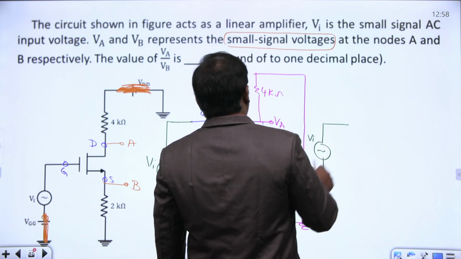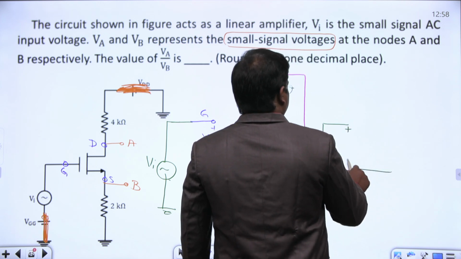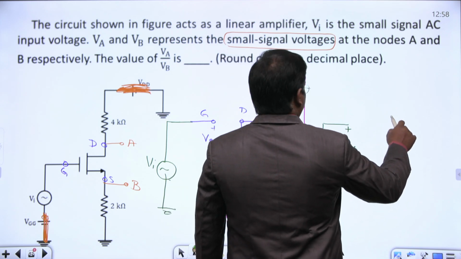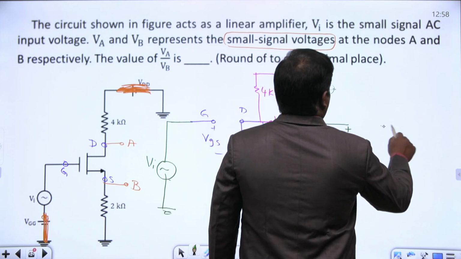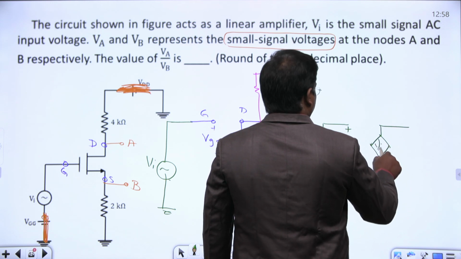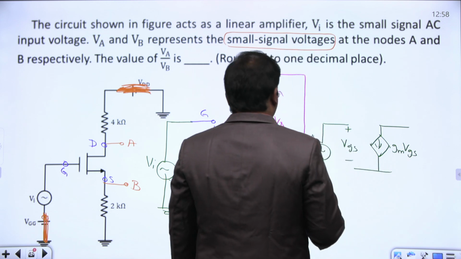This is the input voltage Vi, and this voltage is VGS. This is your gm VGS, gm into VGS.